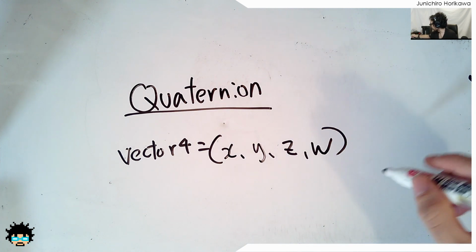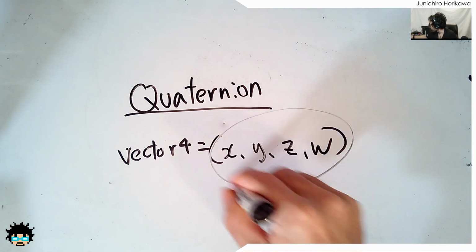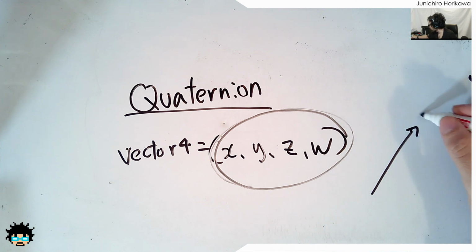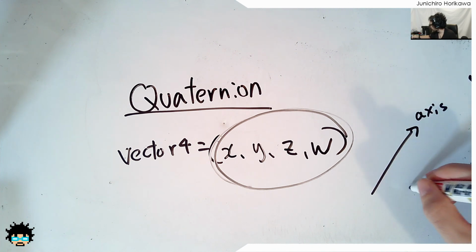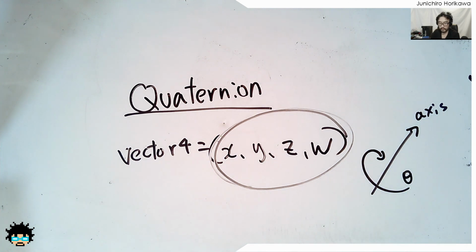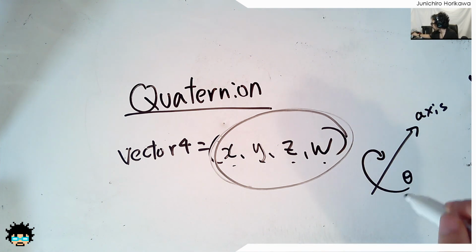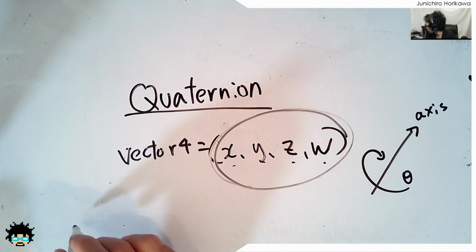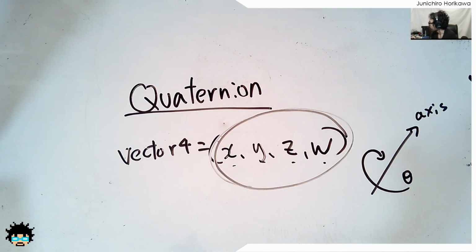So you can consider that this quaternion contains the information of the rotational axis and the angle, how much it rotates. If you want to know the mathematical equations, how you express this axis and rotational angle with these four numbers, you can express it like this using trigonometry.